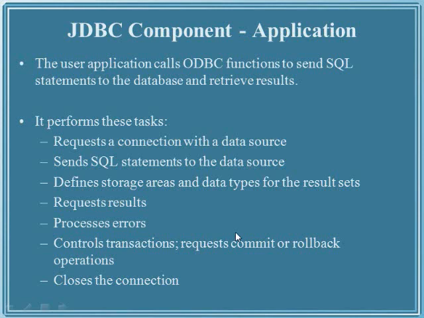What are the things it performs? The first one, it requests the connection with the database. So it's the one that actually starts the show. It's the one that says, I want to make a connection to this particular database, and it's the one that sends the SQL statement to the data source, and it is the one that makes provision for when the results are written back from the database.